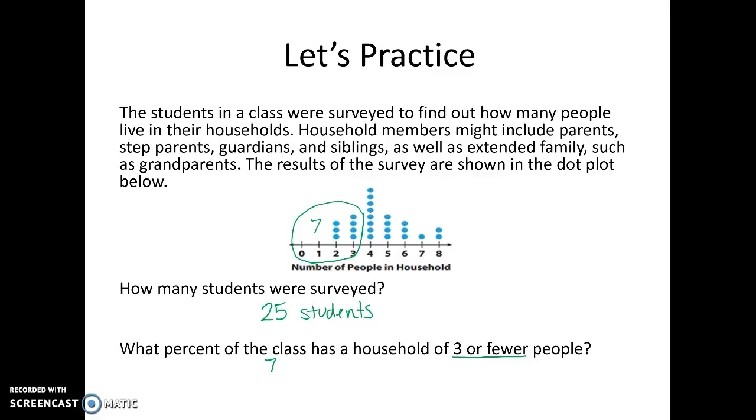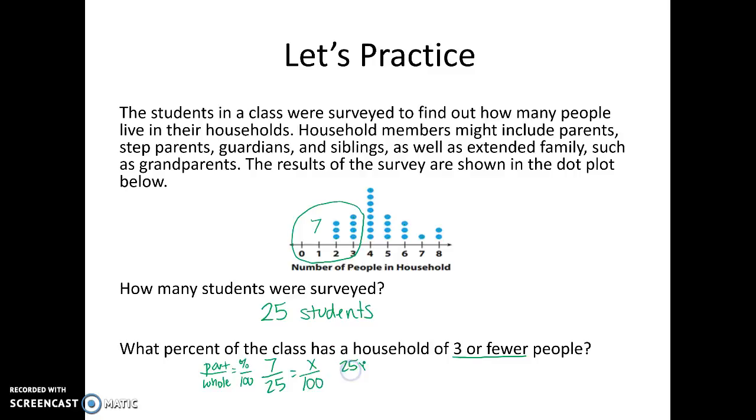Now when we find a percent, we have to remember back to earlier in the year that we did part over whole equals percent over 100. So there's several different ways we can solve this. We can use the proportion like we're used to. So 7 out of 25 equals x over 100. We do our cross product.